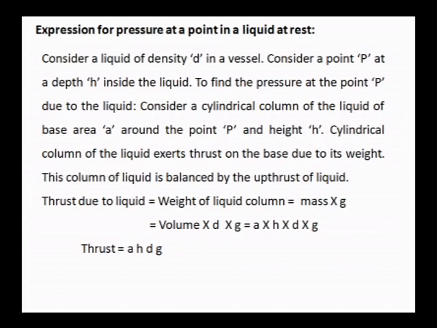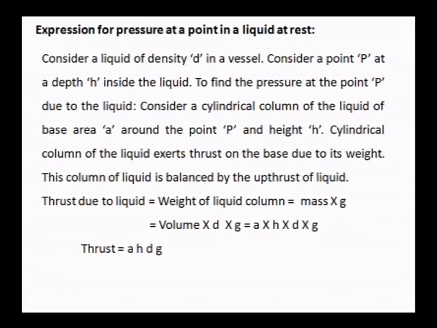Thrust due to liquid is equal to weight of the liquid, that is equal to mass of the liquid into acceleration due to gravity, that is mass into g. But density is calculated as mass by volume. So, we can write volume into density as mass.